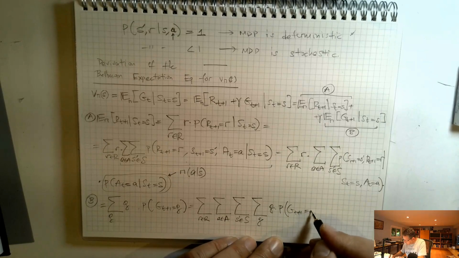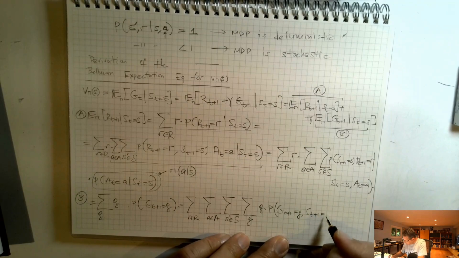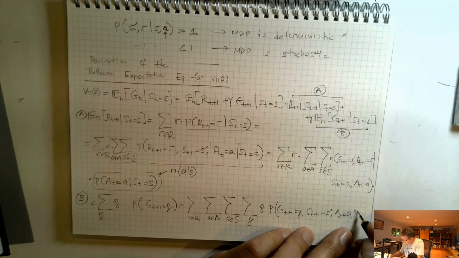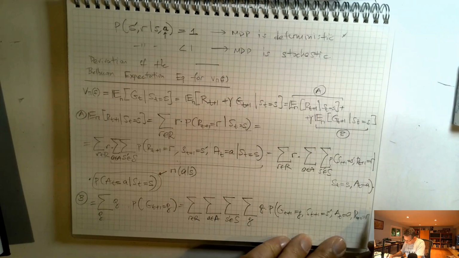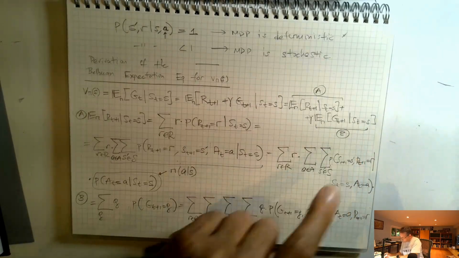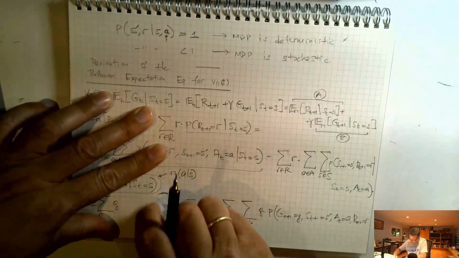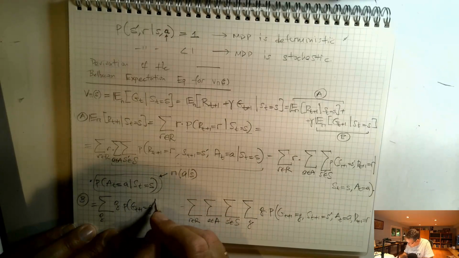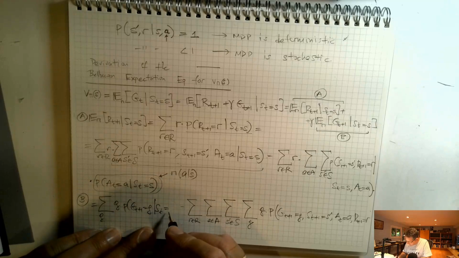G_{t+1} is equal to g, comma, S_{t+1} is equal to s prime, comma, A_t is equal to a, comma, and R_{t+1} is equal to r, given, I forgot the given here, I forgot this conditional, so let me write it properly. It is p of G_{t+1} is equal to g, given S_t is equal to s.